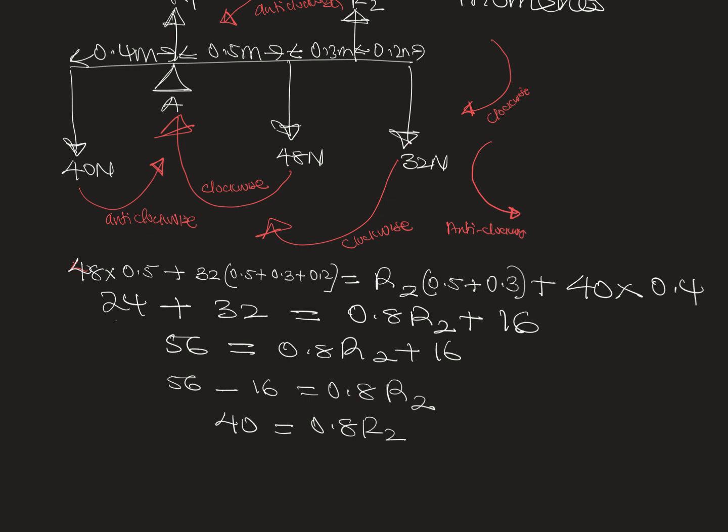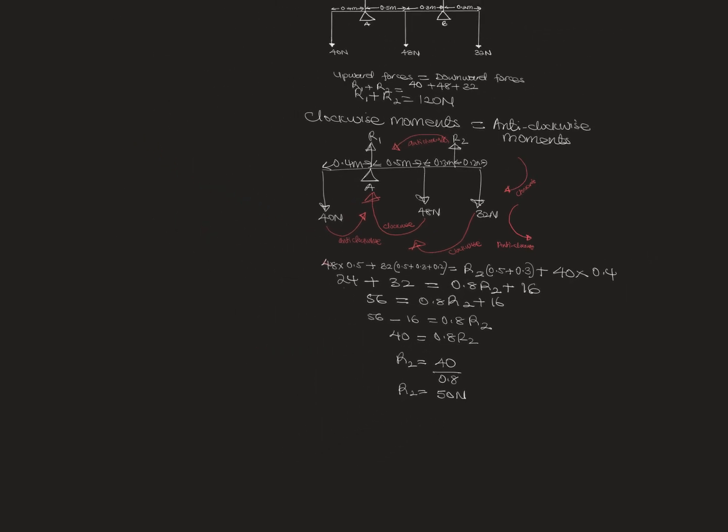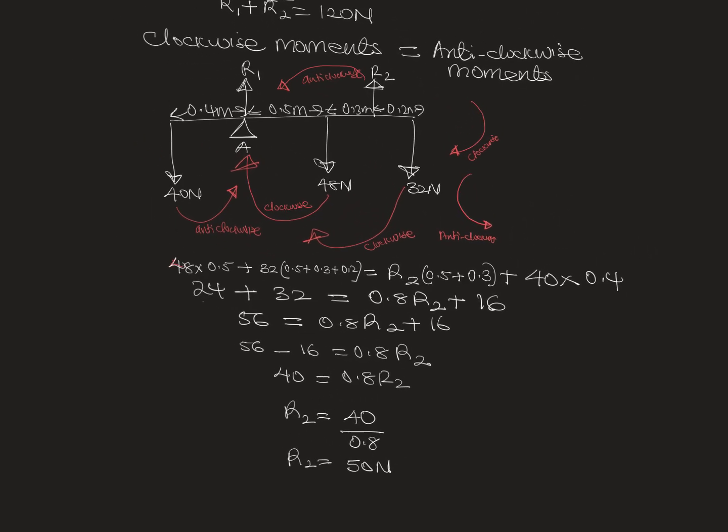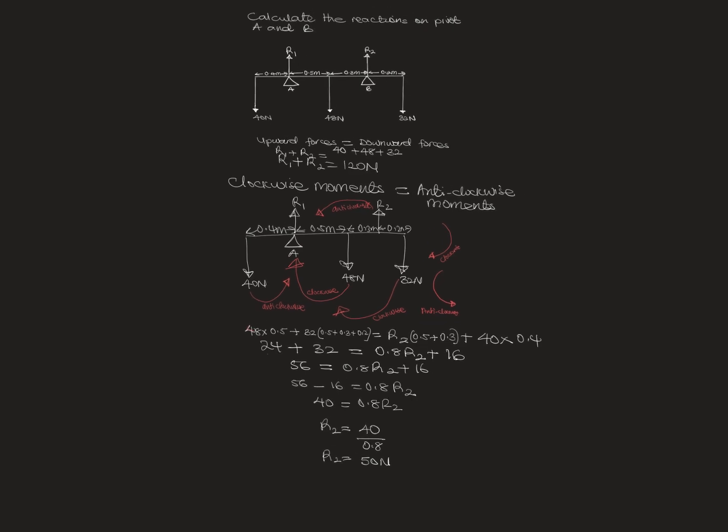If you divide both sides by 0.8, R2 is 40 divided by 0.8, which is 50 newtons. So on the diagram, R2 is 50 newtons.